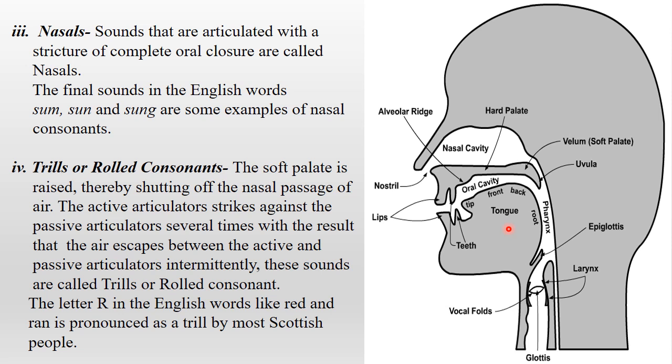So when we produce this sound, the active articulator, that is the tongue, is striking against the passive articulator repeatedly, and the air is constantly, intermittently passing and the sound is produced. So the r sound in this sound is known as the trill or the rolled consonant.